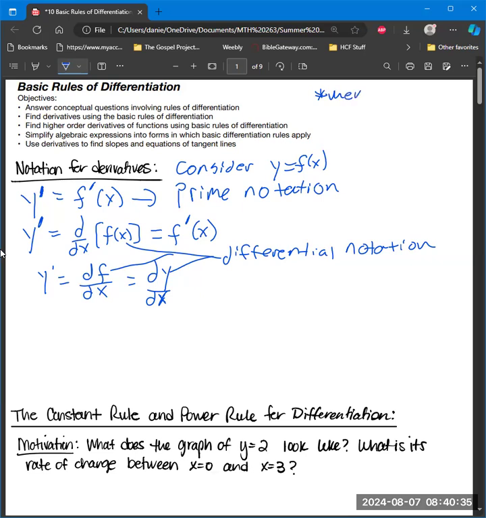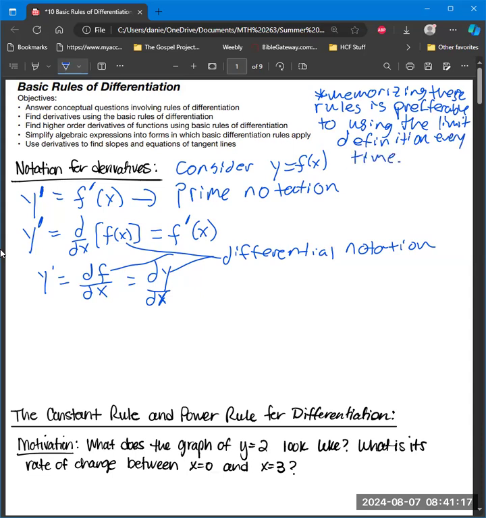Memorizing these rules we're talking about today is much more preferable to using the limit definition every time.